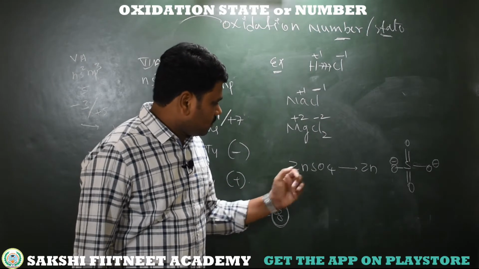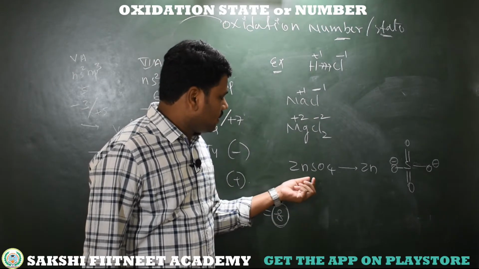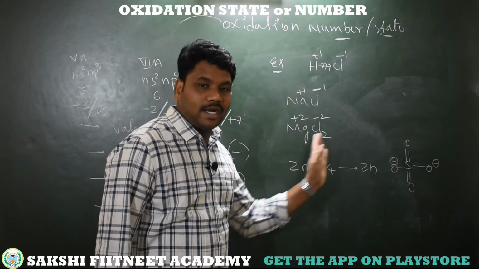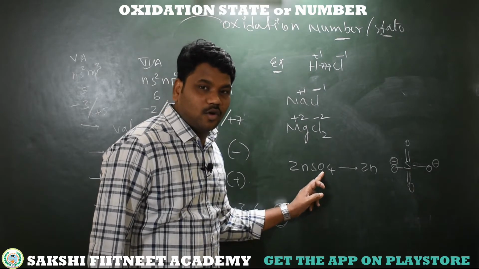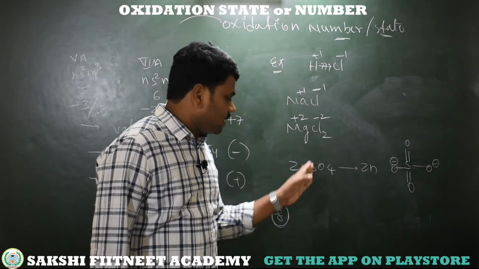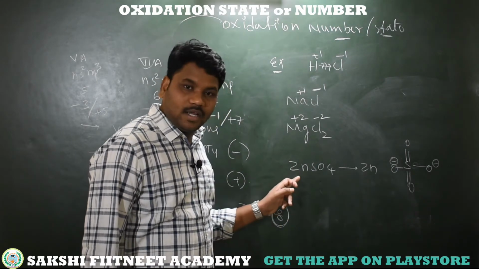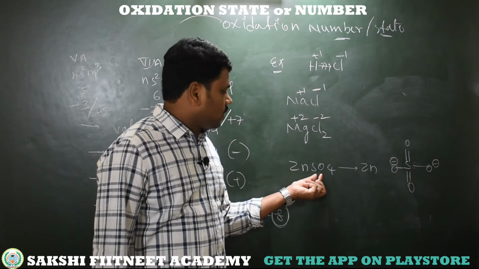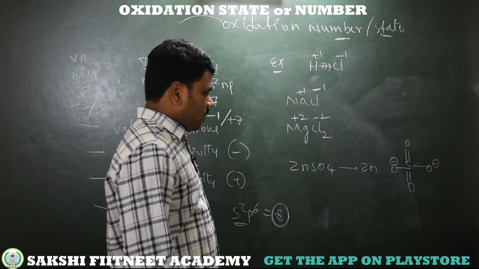You must remember that in the way of writing a formula, the more electronegative element always should be on the right side. See here, zinc, sulfur, oxygen. Oxygen shows more electronegativity towards the right, then next electronegative, then next electronegative. So this is the order while writing a formula. Zinc is more electropositive, sulfur more electronegative, then oxygen is more electronegative than sulfur.